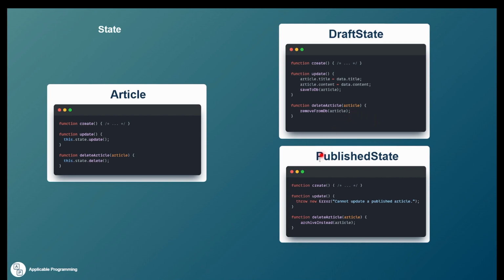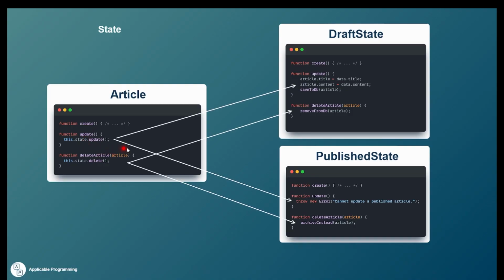However, if it's in the published state, then the update method will not allow us to do that. We have to make a new version. It could even do the making of a new version for us here instead of throwing errors. But also, when we ask to delete the article, it would actually do the archive. It will not allow us to physically delete an article from the database. And if we look at the article itself, we can see that it's actually not handling any of this odd logic itself.